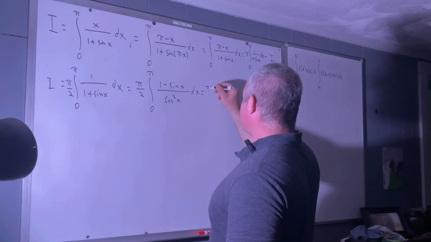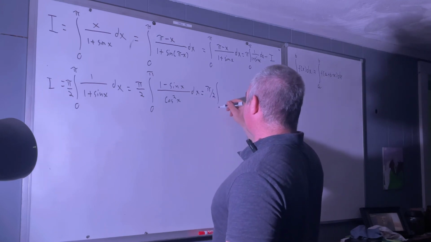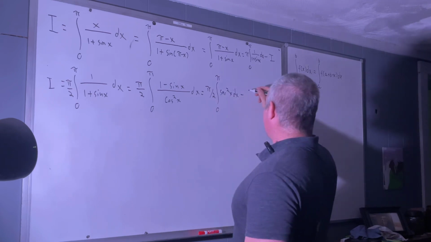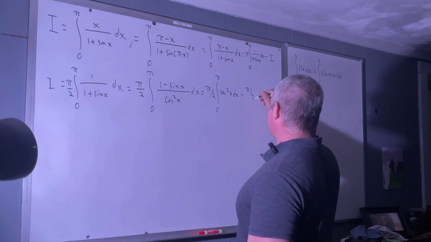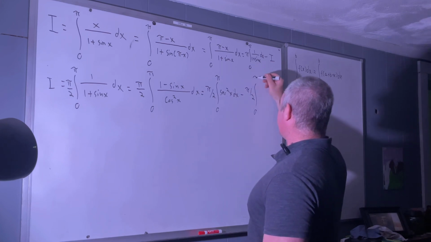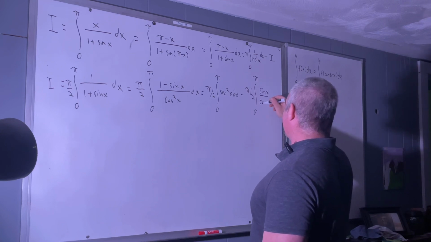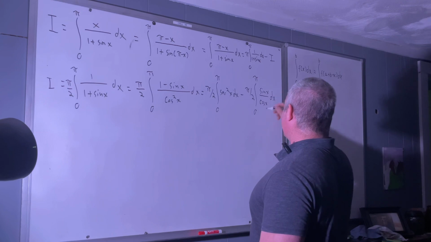This is going to be equal to pi over 2 times the integral from 0 to pi of secant squared x dx minus pi over 2 times the integral from 0 to pi of sine x over cosine squared x dx.